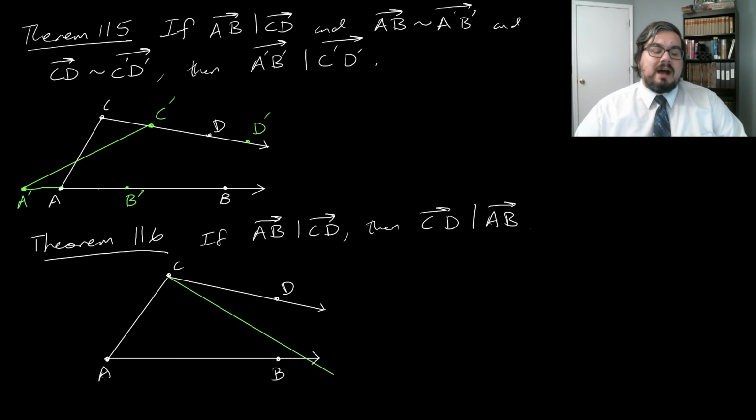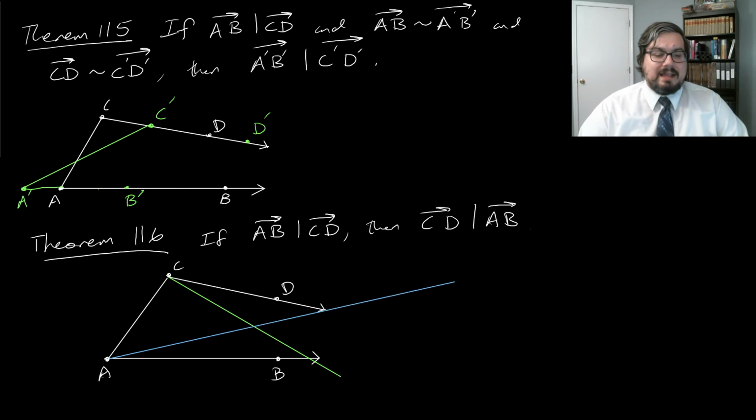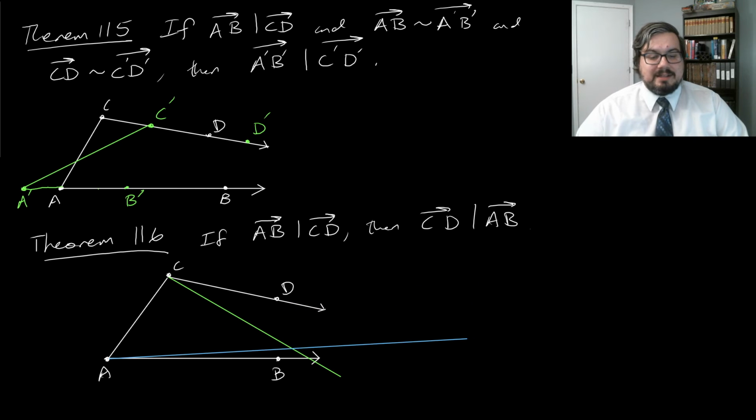It's not immediately obvious that such a statement proves that if I take any interior ray of the angle CAB, I'll necessarily intersect with the ray CD.